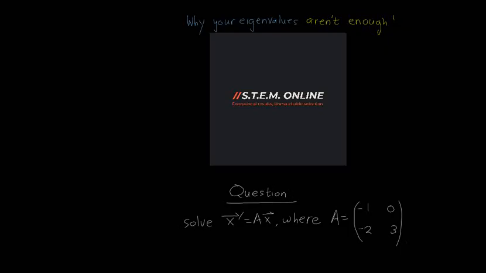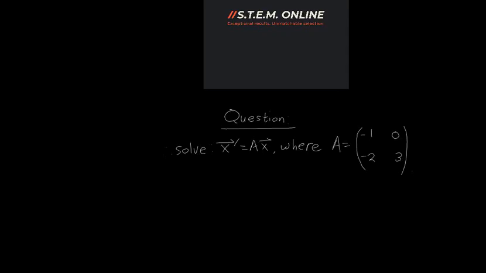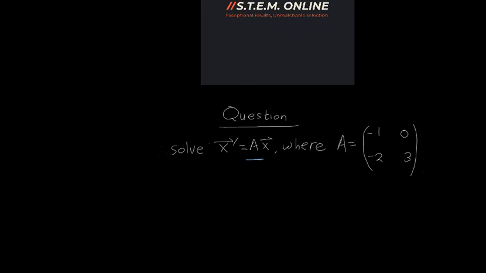We're going to be looking at this specific differential equation. Quite often, when they have matrices involved, they're written in this form. I'm going to zoom in here. It says the x prime vector is equal to some matrix A, a 2 by 2 matrix by the way, times the column vector of x, where matrix A is a 2 by 2 square matrix with entries -1, 0, -2, 3.